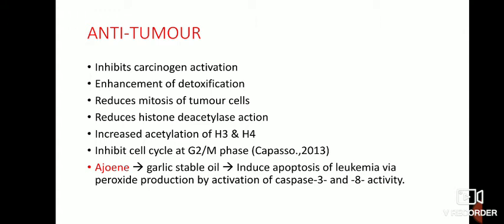Another important content of garlic, that is ajoene, as we saw earlier, is actually present in garlic stable oil, and this induces apoptosis of leukemia cells via peroxide production by activation of caspase 3 and caspase 8 like activity.